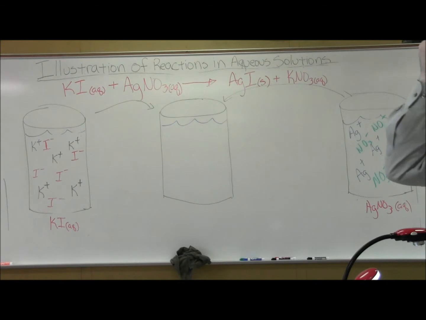Yeah, so that's a precipitate, one way that I can tell that I had a reaction. And what's the other way? Color change, good. It kind of looks like rotten milk. You can see that stuff on the bottom.